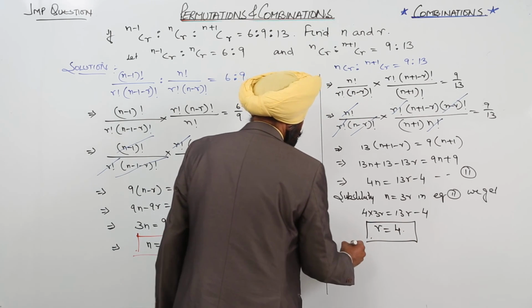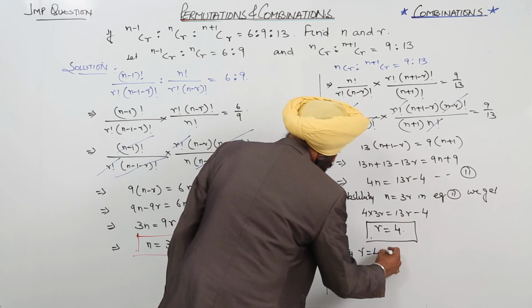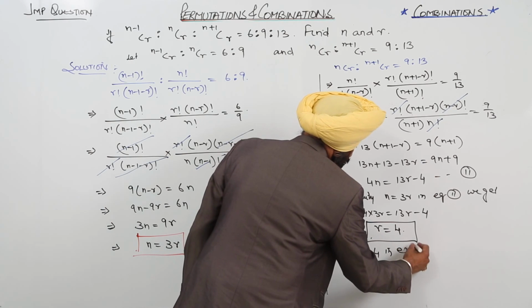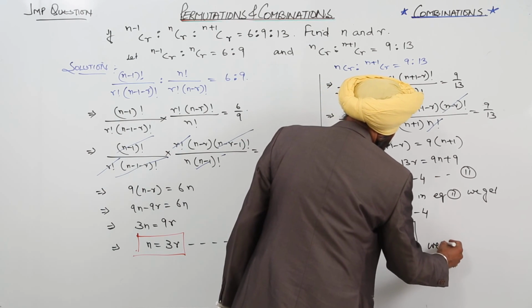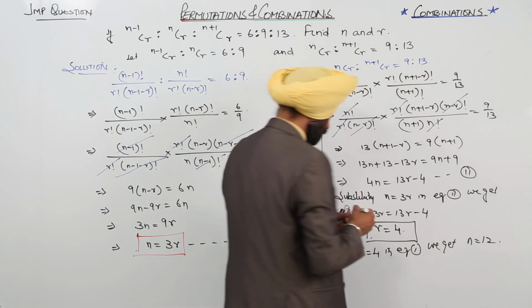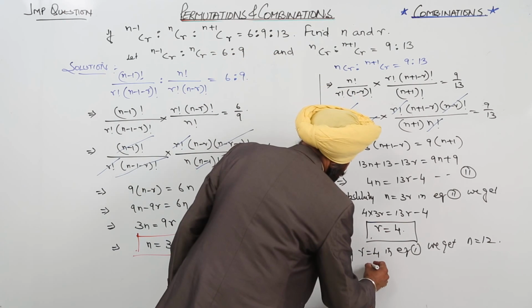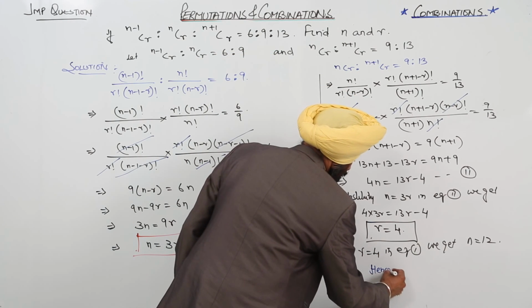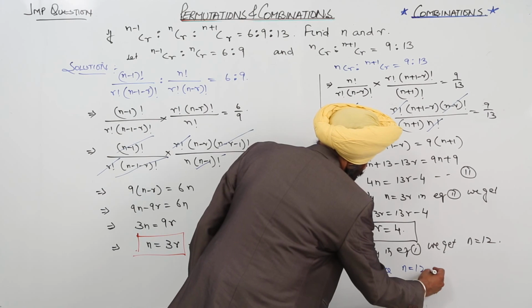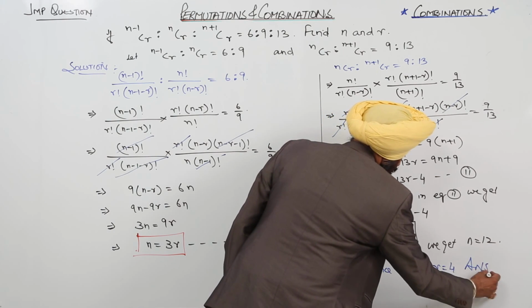And putting r is equal to 4 in equation 1, we get n is equal to 12. Hence, n is equal to 12, r is equal to 4 is the answer.